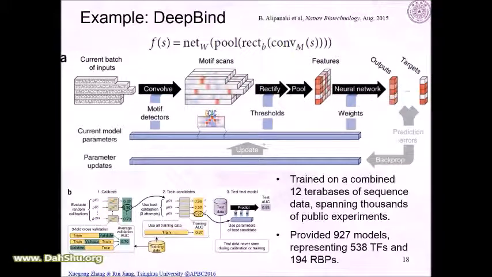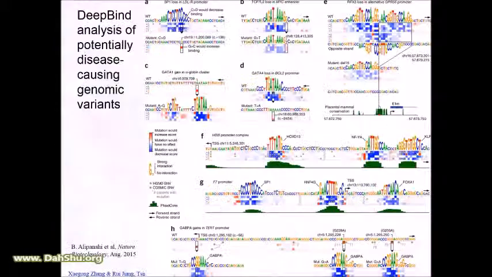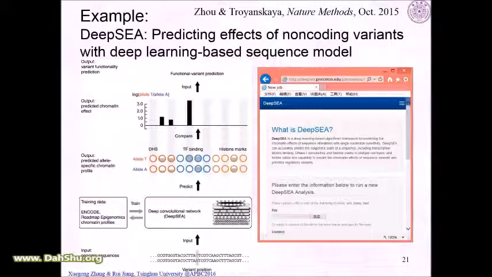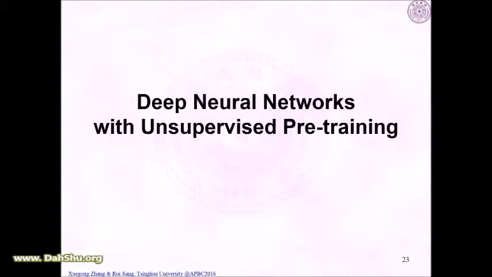Currently, people have some successful applications on the DNA sequence, where we know some local information. But for other data, it's up to us to explore how we can get the local information. Any other question?